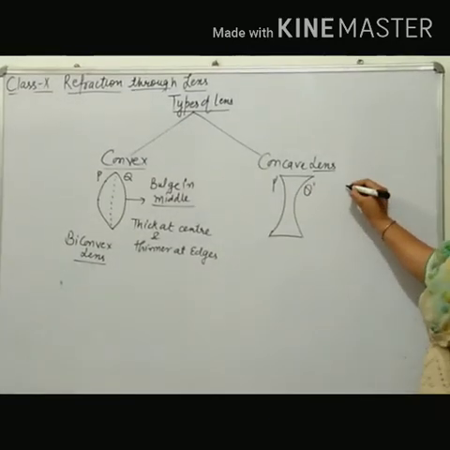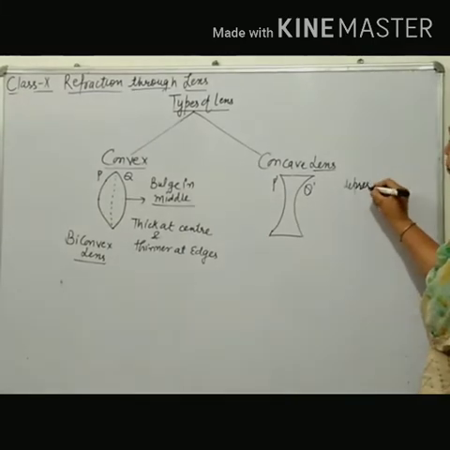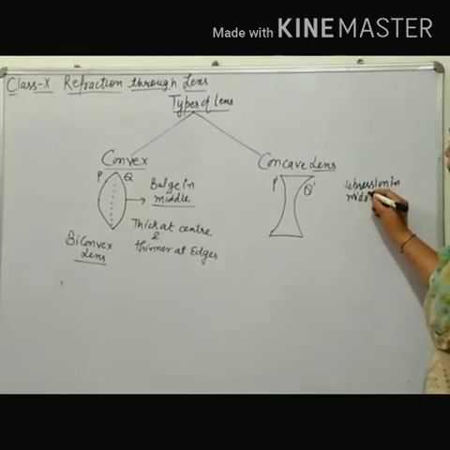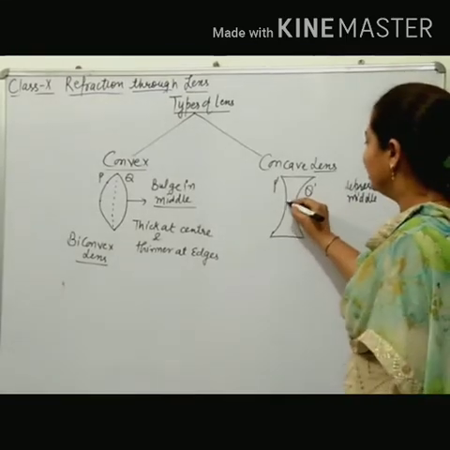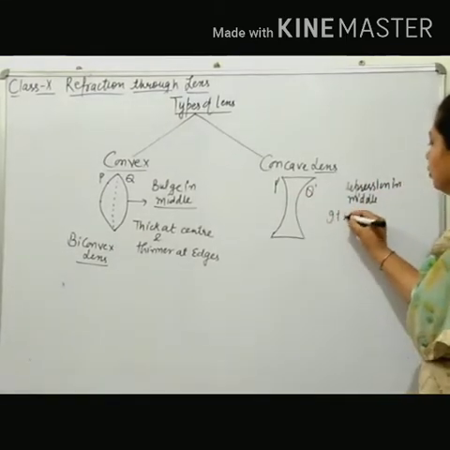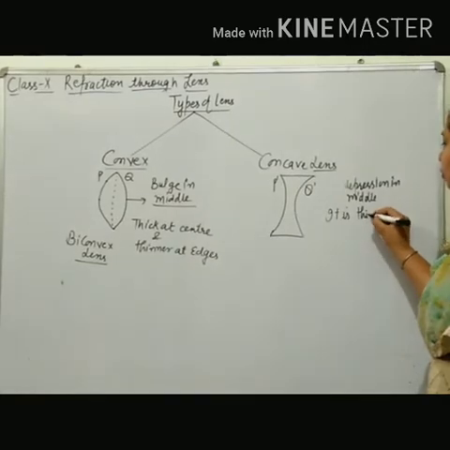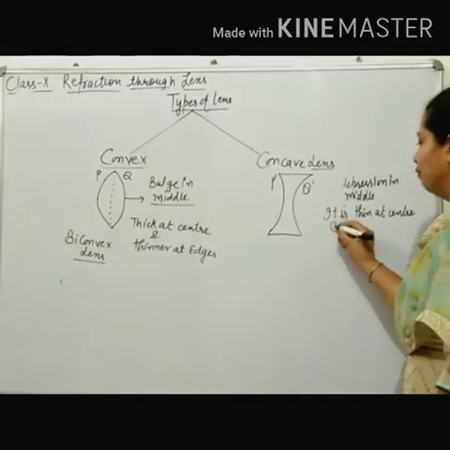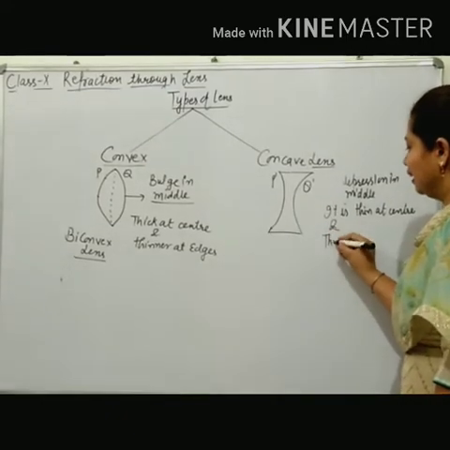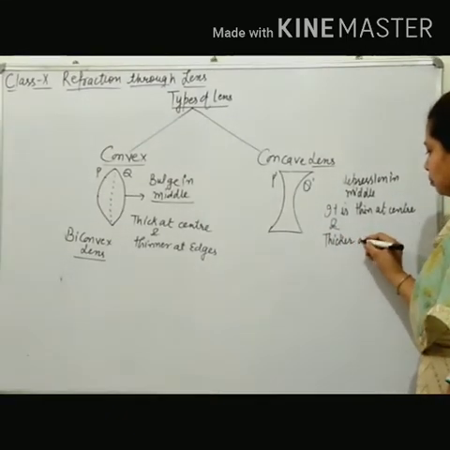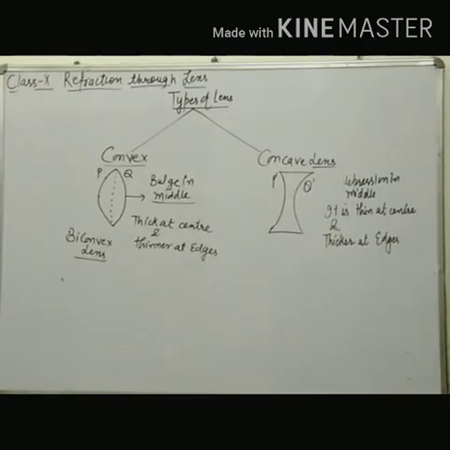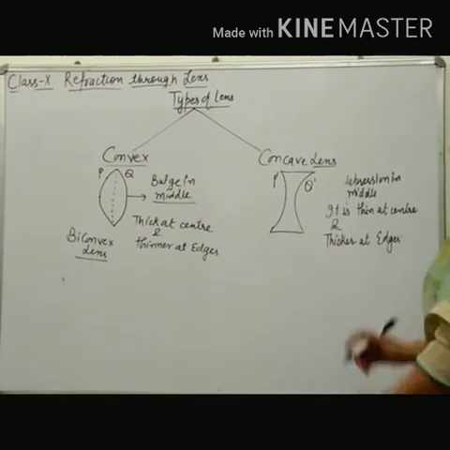Due to the depression, it is thin at the center and comparatively thicker at the edges. So it is our concave lens.